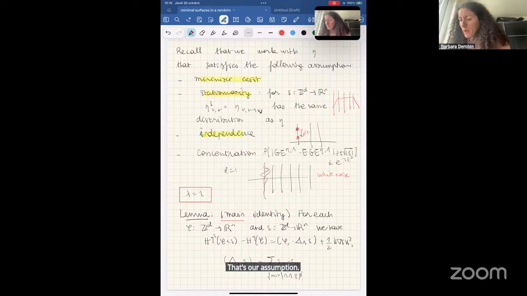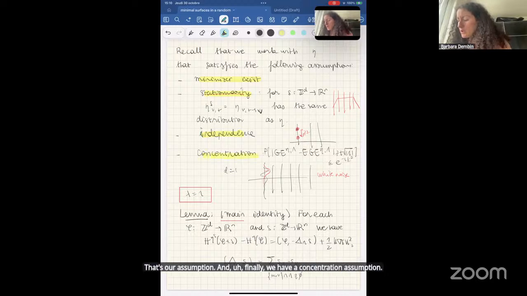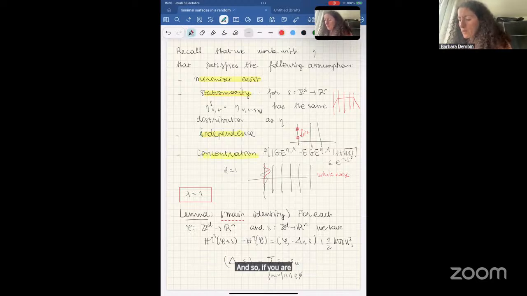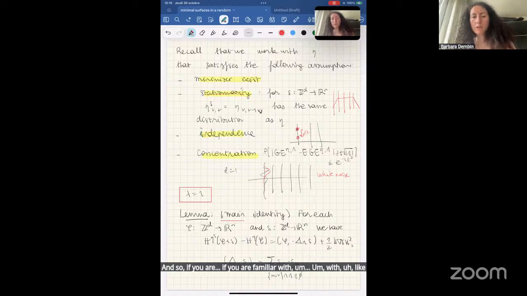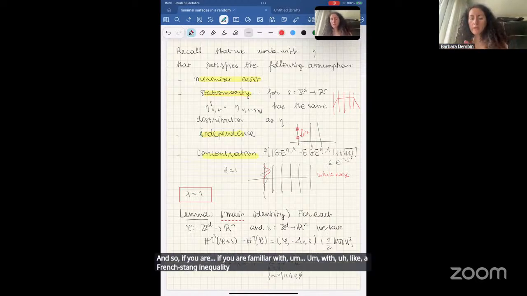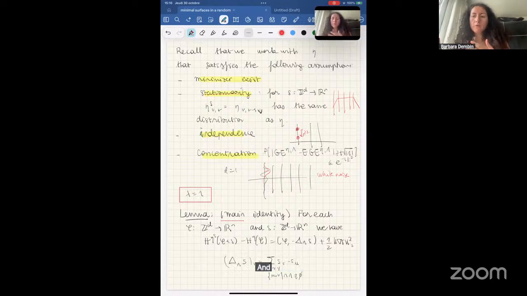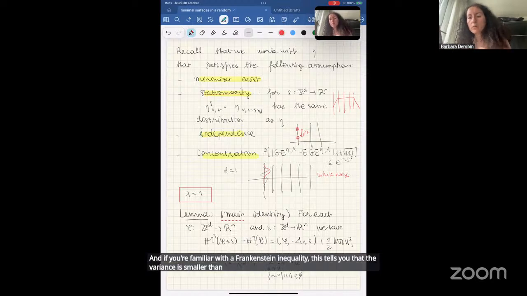And finally, we have a concentration assumption. If you are familiar with the Efron-Stein inequality, a surface is typically something that uses a volume of order the size of lambda. And the Efron-Stein inequality tells you that the variance is smaller than the volume of lambda.